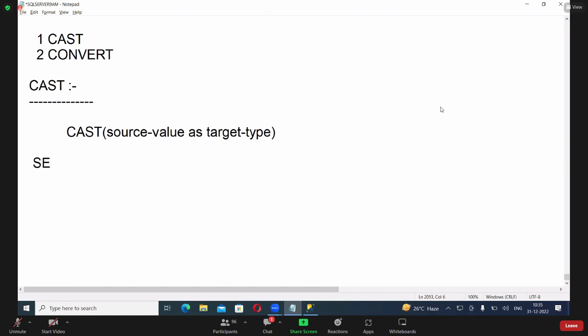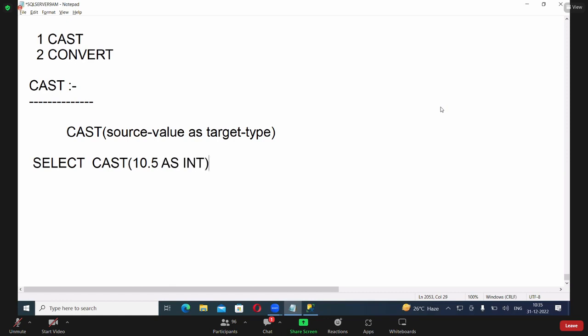Now, example: select cast of 10.5. What is 10.5? It is a float. I want to convert this 10.5 AS integer.